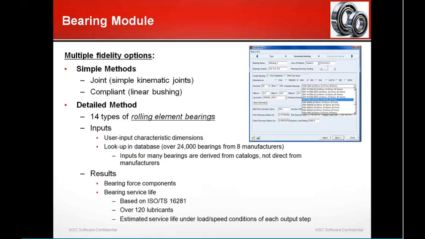In fact, the stiffness calculations that are run during the simulation are also based on ISO TS standards. The service life calculation will take into account some basic lubrication and environmental factors like temperature and the lubricant itself, and then it's got a lookup table behind the scenes for viscosities of those lubricants, temperature, and of course load and speed conditions will also drive that life prediction.